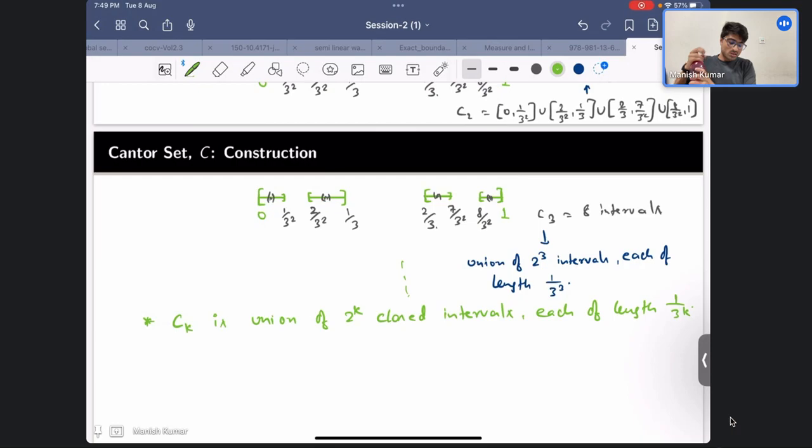Now this Ck is a finite union of closed sets, right? A closed interval is also a closed set. So a finite union of closed sets is closed. So this implies Ck is closed.